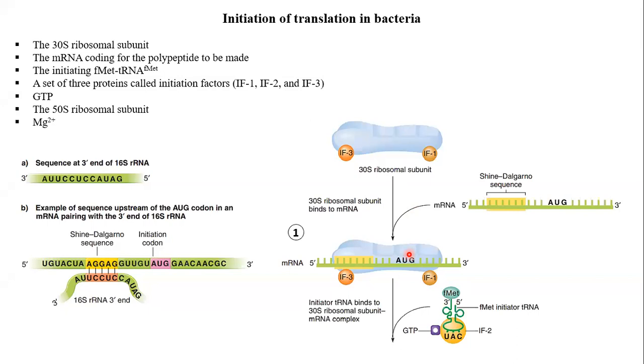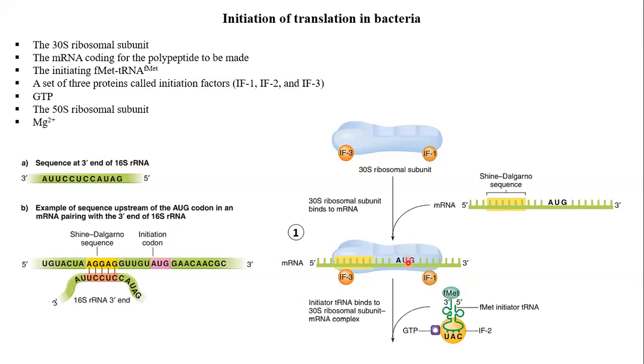All the other transfer RNAs bringing amino acids will bind to the A site. Only the first transfer RNA will bind to the P site. So this binding of IF1 to the A site prevents binding of the first transfer RNA to the A site because it blocks this site. That's why the position is important.